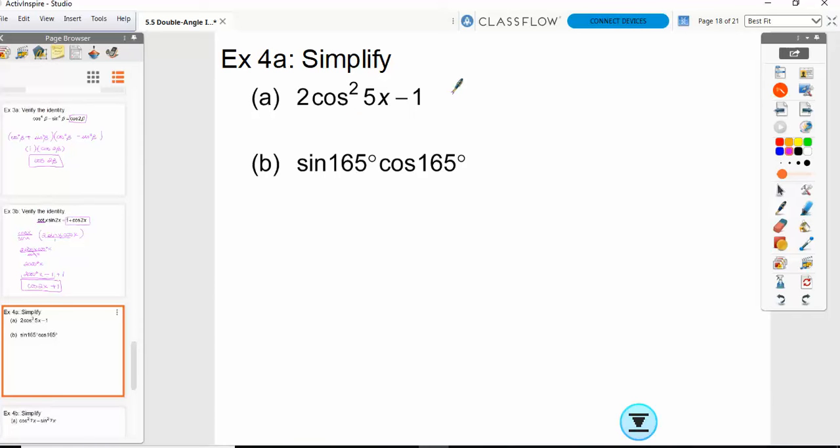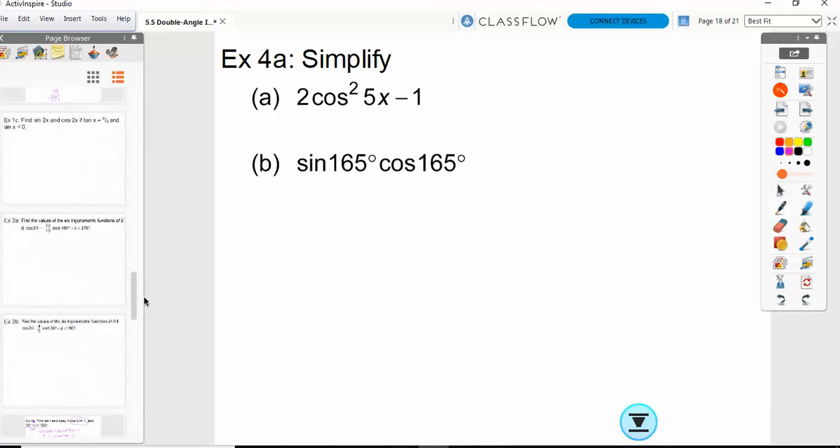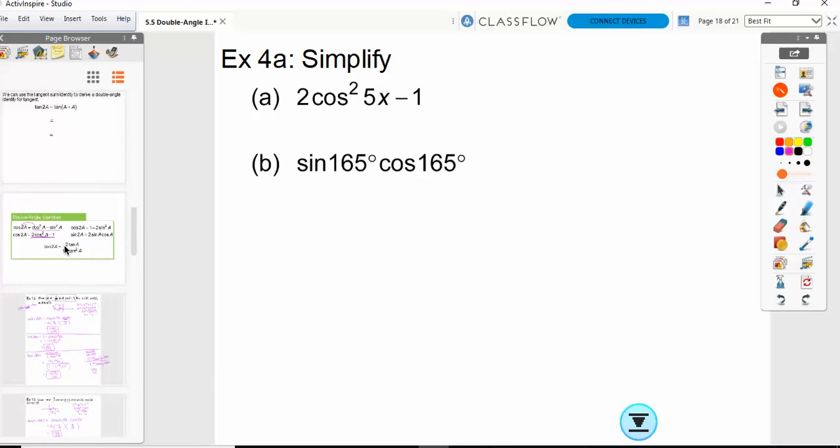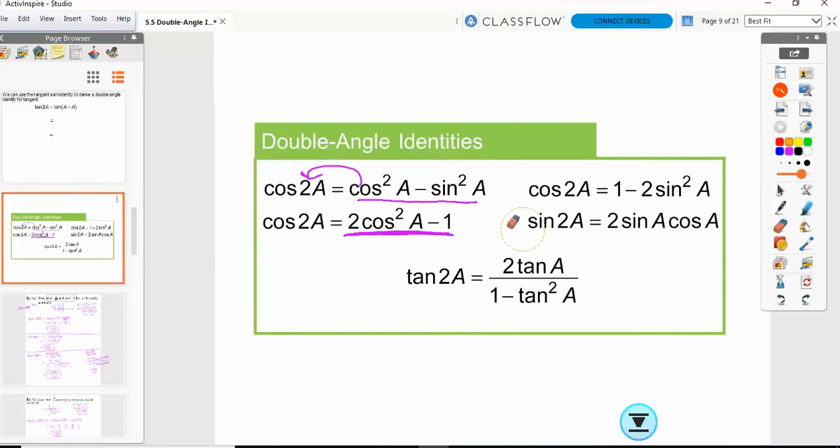What does this look like? We have 2 cosine squared minus 1. Yeah, I gave you the right hand side of the formula.